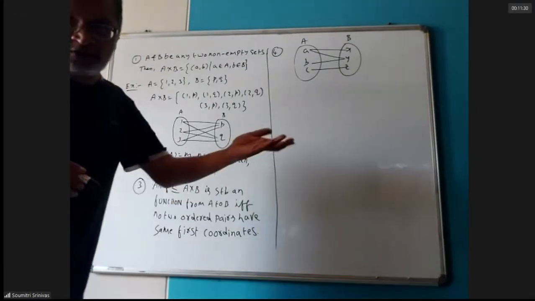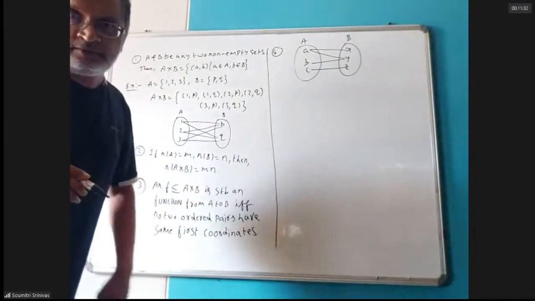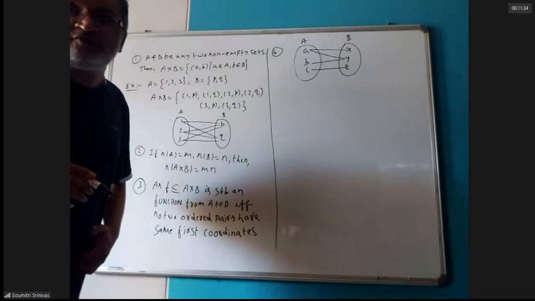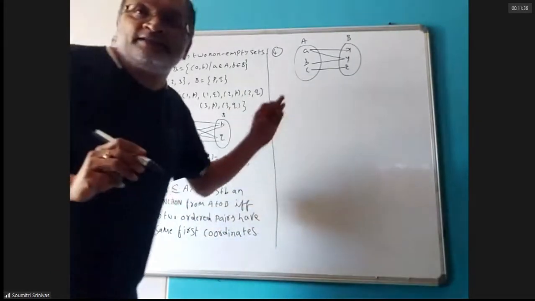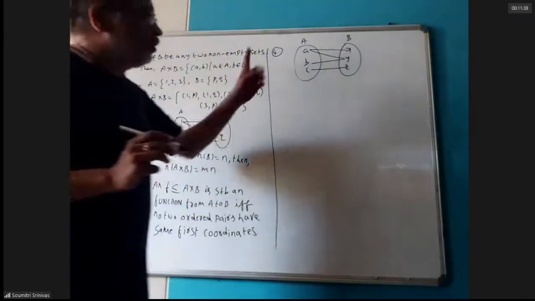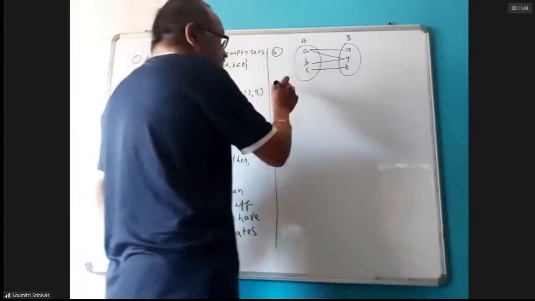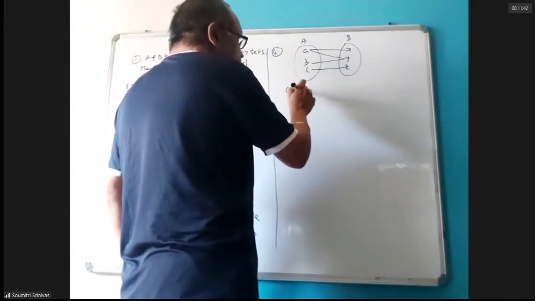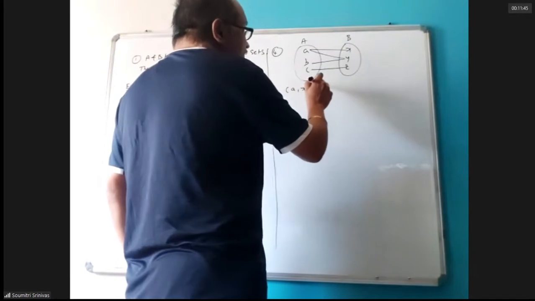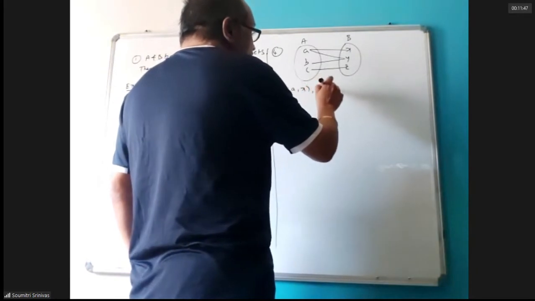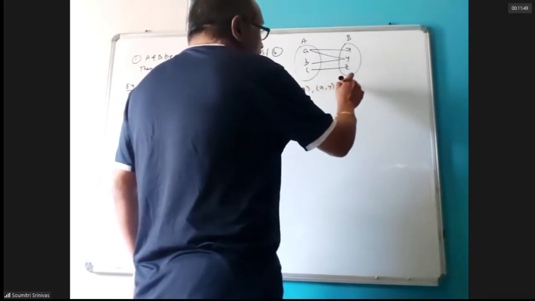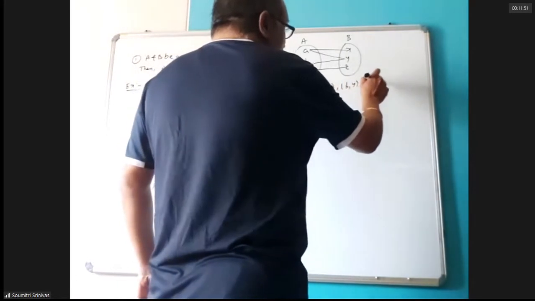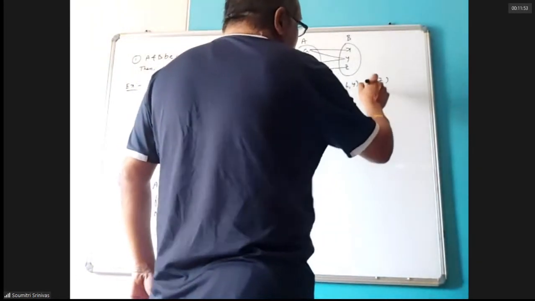I asked a question, I'm waiting for an answer. No, it is not a function. Write this in terms of ordered pairs. How do you write this in terms of ordered pairs? (A, X), (A, Y), (B, Y), (B, Y), (C, Z).